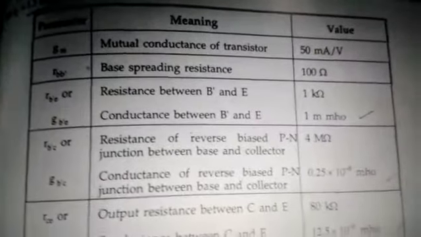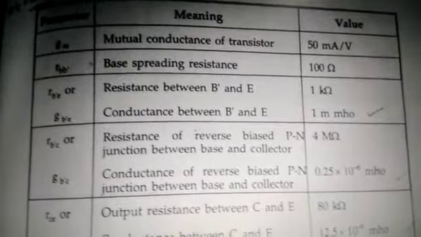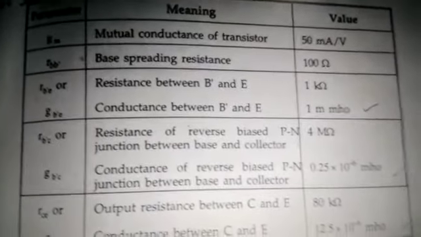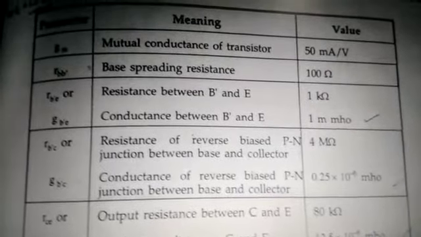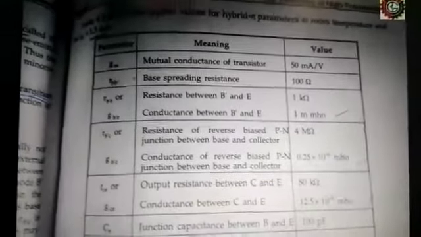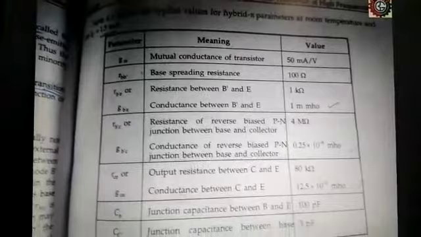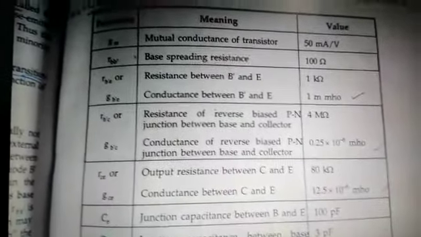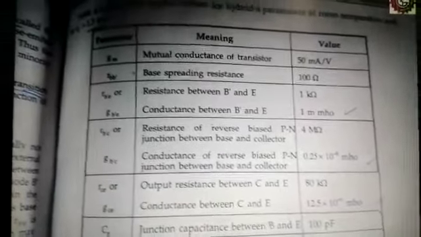These typical values are important because in examinations, certain numericals may be asked with given typical values, and certain numericals ask you to assume the numerical values. So you have to remember these typical values of the hybrid pi model.